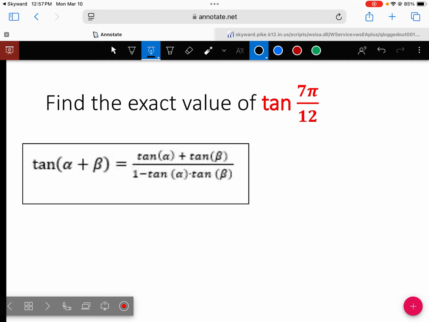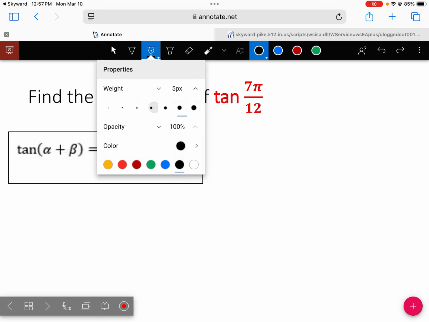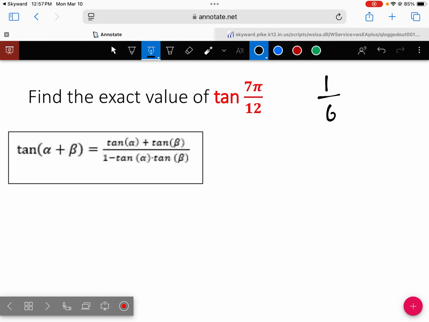So what I do is I focus on the numerator and I start to split it up. So I know that 1 plus 6 is 7. 1 over 12 plus 6 over 12 would be 7 over 12.